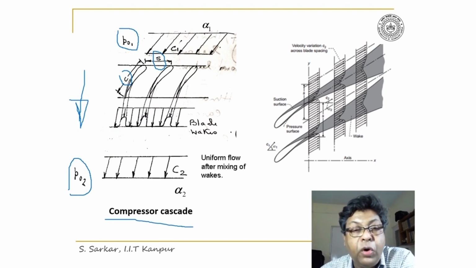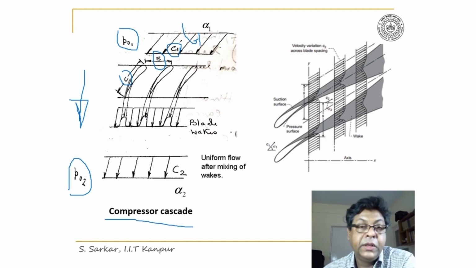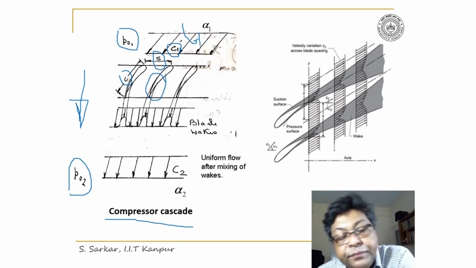Now, incoming flow is uniform, having a velocity of C1 that makes an angle alpha 1 with the axial direction. Now, because of viscous effect, the boundary layer will appear on the blade surface. I have indicated here the formation of boundary layer.